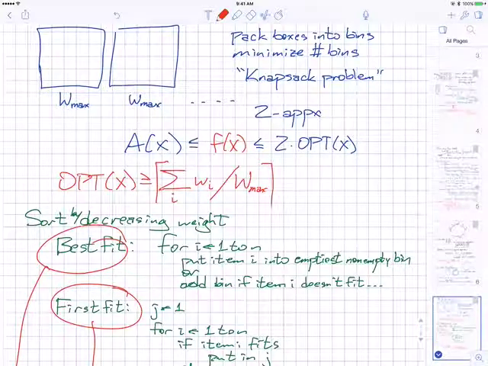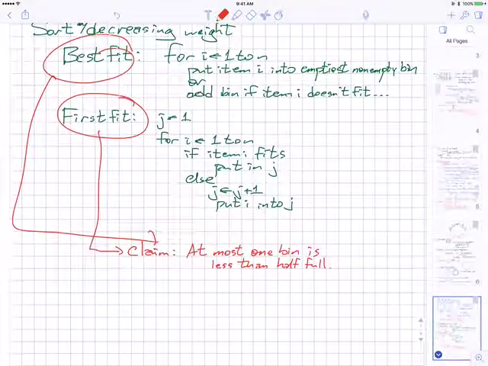On the other hand, for both best fit and first fit, you can guarantee that every bin is at least half full, except possibly the last bin. So if the optimum uses k plus 1 bins, where the plus 1 is the extra thing that's left over, then this algorithm uses at most 2k plus 1 bins. 2k plus 1 is less than twice k plus 1.